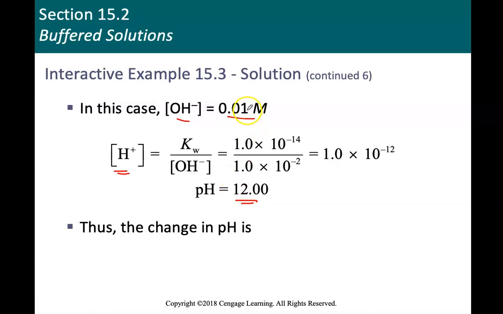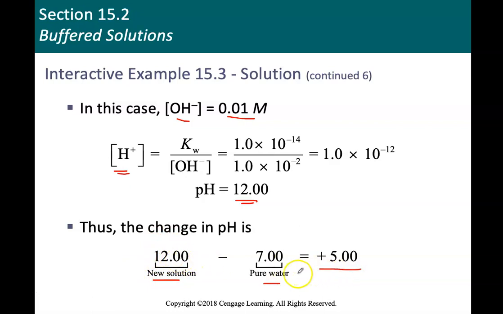So addition of 0.01 mole of sodium hydroxide into a liter of water produces this pH. What is the pH of water? The pH of water is 7. Addition of 0.01 mole of sodium hydroxide gives 12.00 as a pH. So the change in the pH is plus 5.